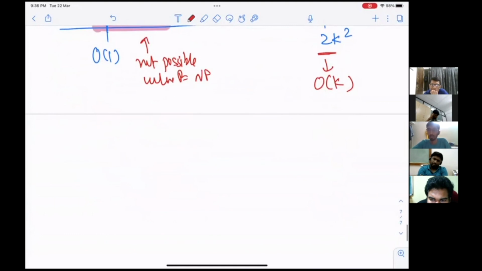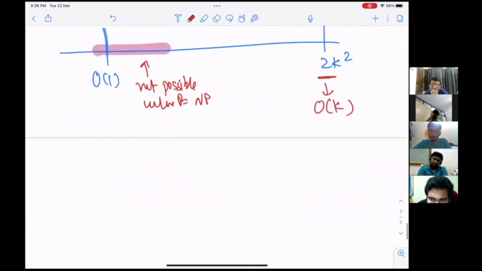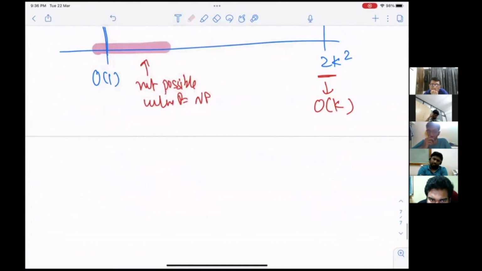So first, let's try to do some modest thing. Is the overall goal clear, what I want to do now? I told you that 2k squared is good, constant is not possible. That's all. So let's push, how much can we push from this side?